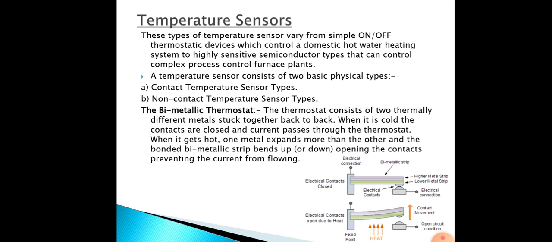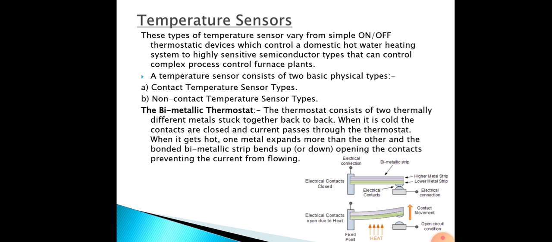The thermostat consists of two thermally different metals stuck together back to back. When it is cold, the contacts are closed. You can see in the first diagram, when it is cold, the bimetallic strip and the electrical connection are closed.